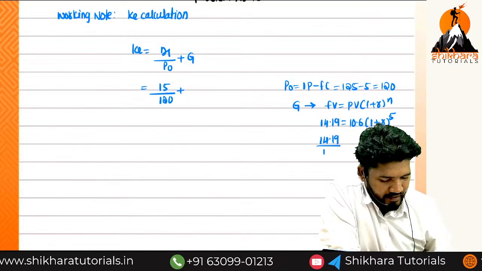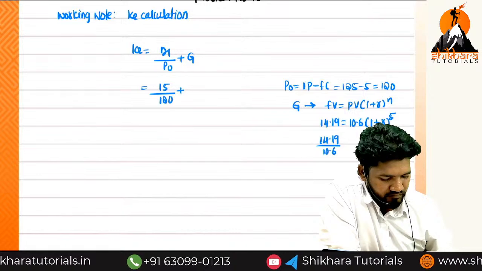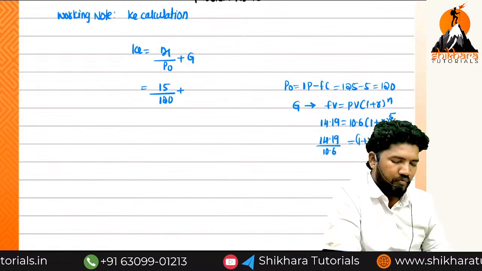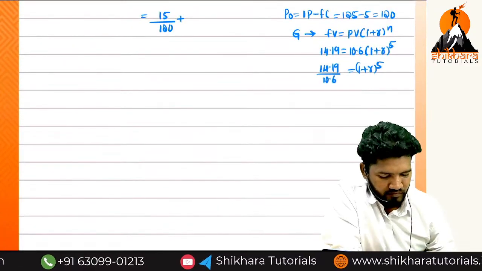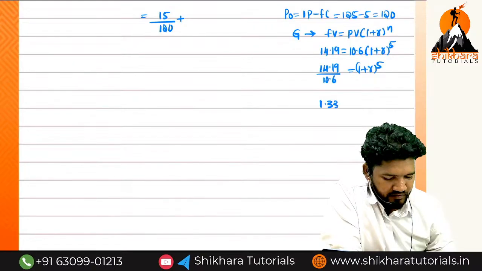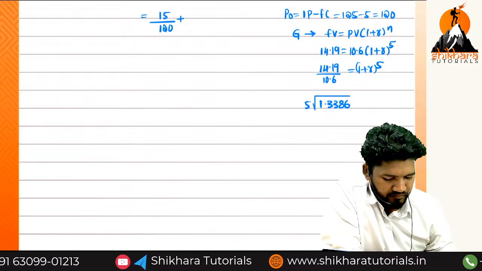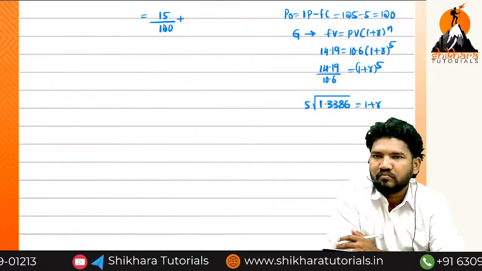14.19 divided by 10.6, fifth root, equals 1 plus r. 14.19 divided by 10.6 is 1.3386, fifth root gives 1 plus r. What are the steps?